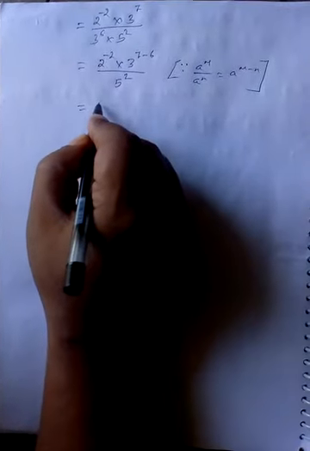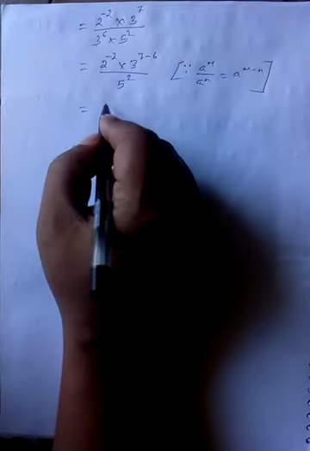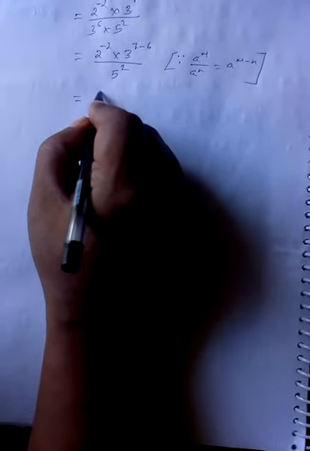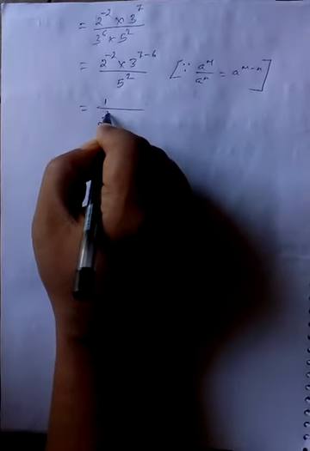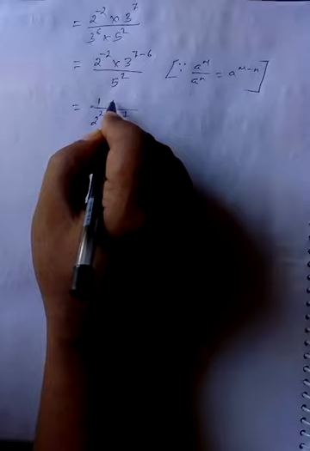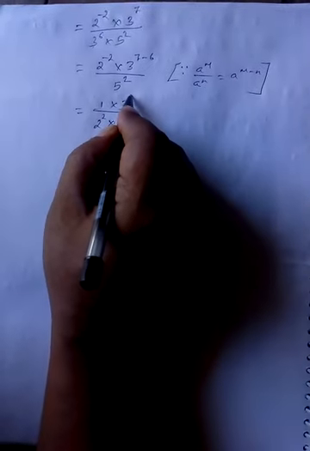Now 2 raised to power 2 minus 2 will become 1 upon 2 raised to power 2, and 3 raised to power 1 will remain here.